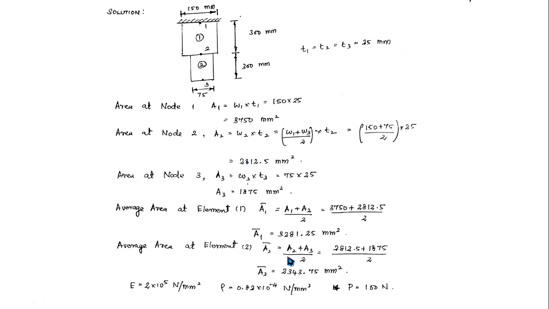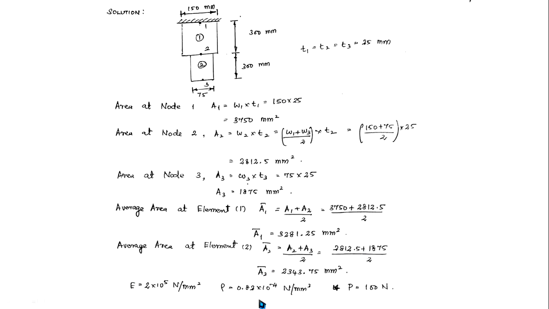So you just take the average of the area at node 2 and the area at node 3. So that's it. This is the first step which you have to start.